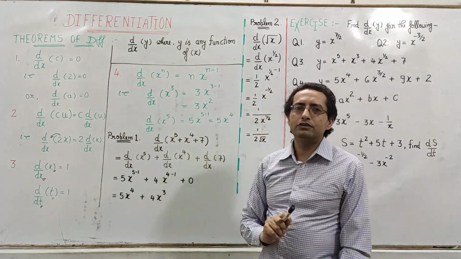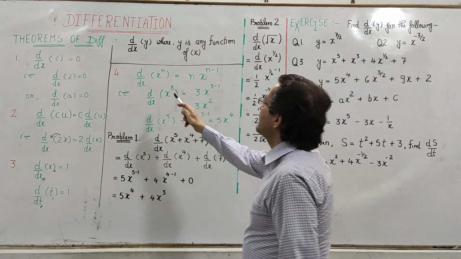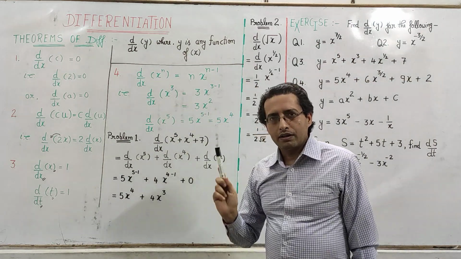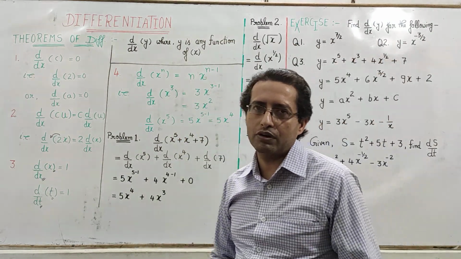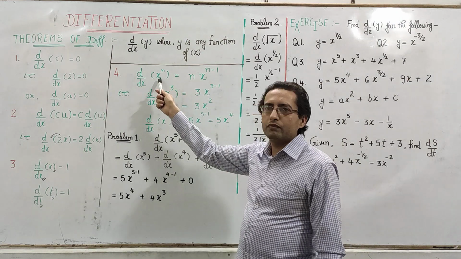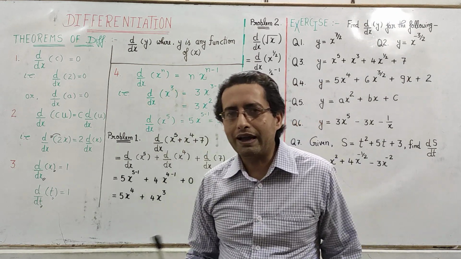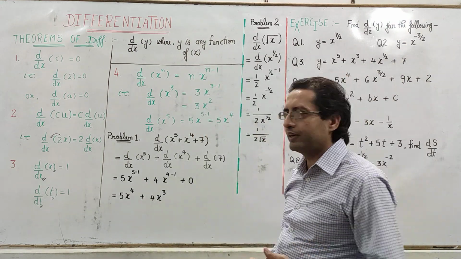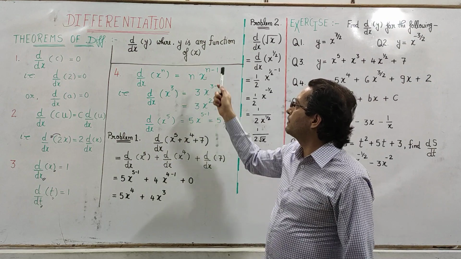Now moving ahead to the next formula, d over dx x power n. It is a widely used formula, and a very important one. Here we have taken the term in the form of x power n. When the power form is given, the differentiation becomes nx power n minus 1.